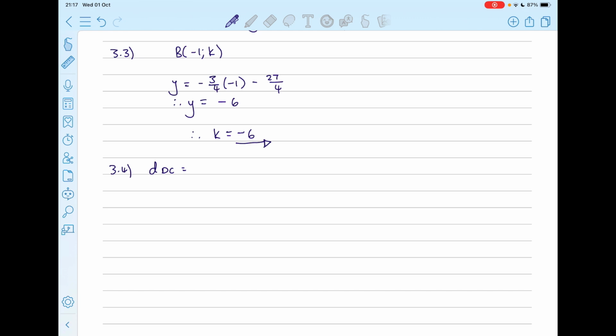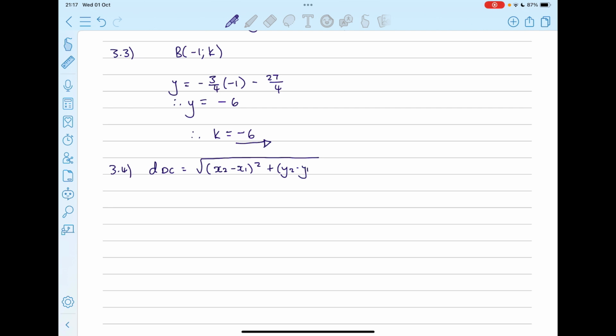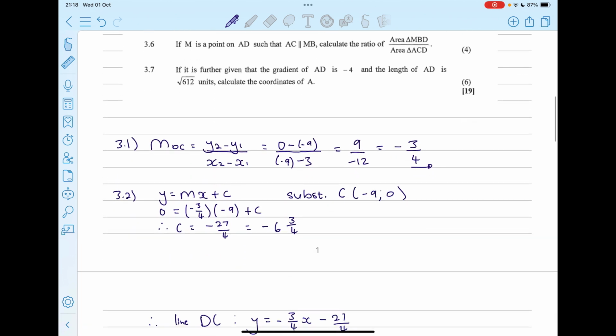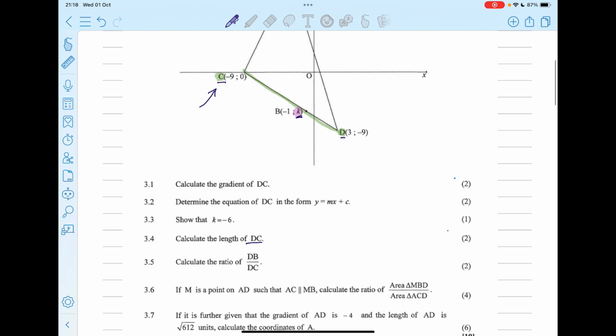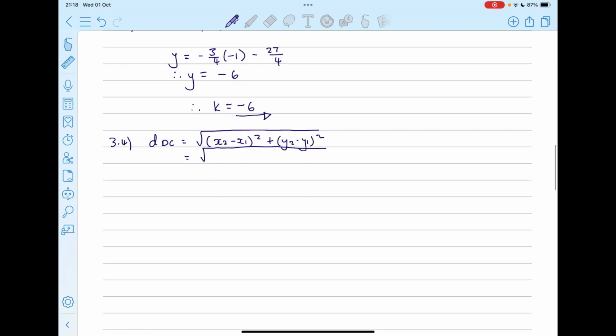So d of DC will be equal to the square root of x2 minus x1 squared plus y2 minus y1 squared. Okay, and this will be equal to, so now we substitute our points. So it's exactly the same points. So x2 in our previous calculation, we made that -9, which was for point C. So it's -9 now minus 3.